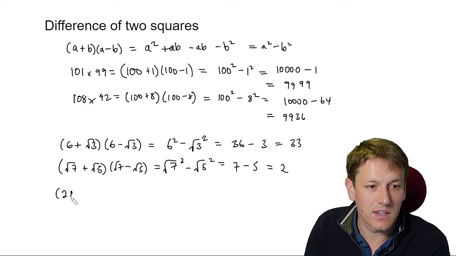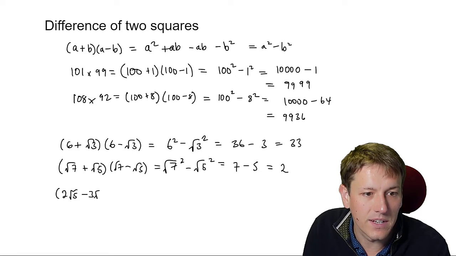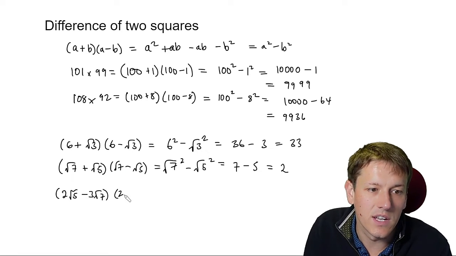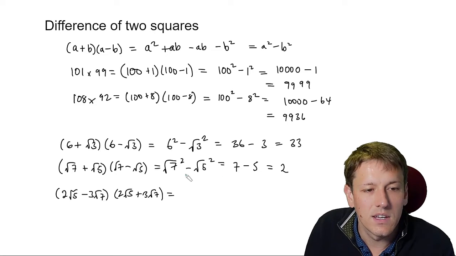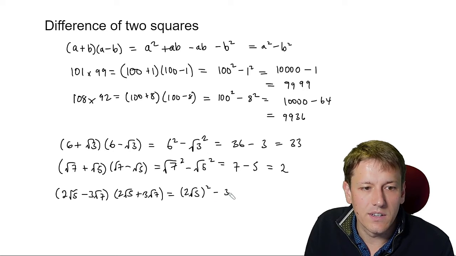So maybe I'll have something like 2 times the square root of 5 minus 3 times the square root of 7, and if I multiply that by 2 root 5 plus 3 root 7, again the difference of two squares formula is going to tell me this is 2 root 5 squared minus 3 root 7 squared.